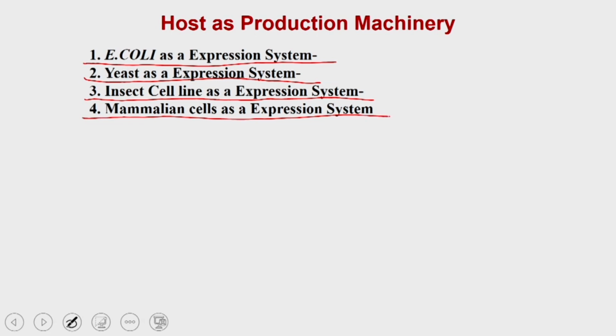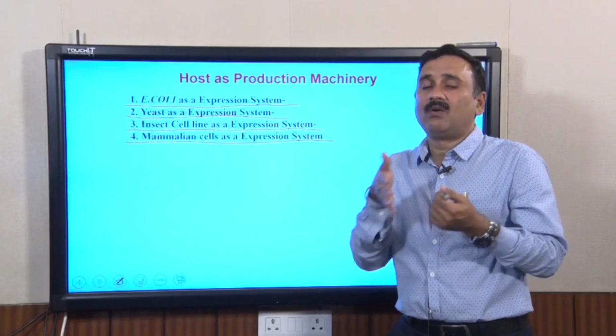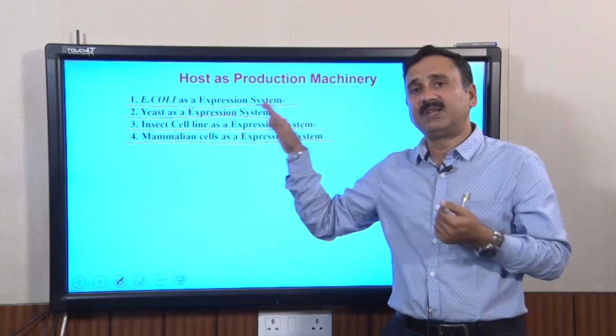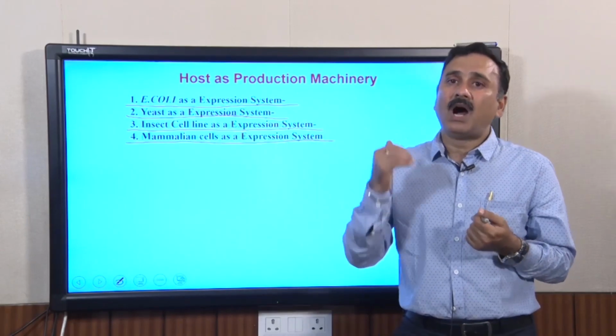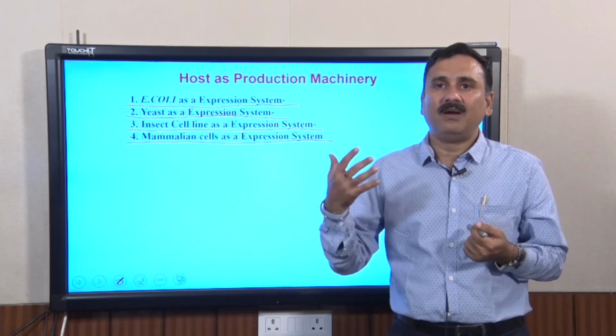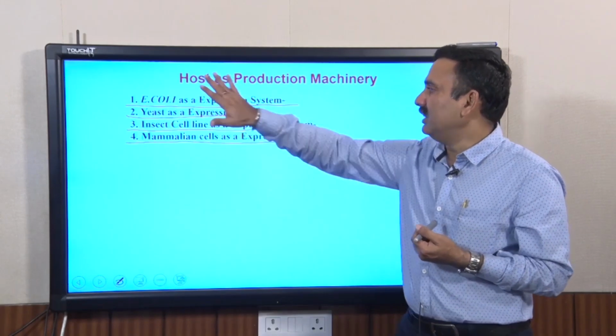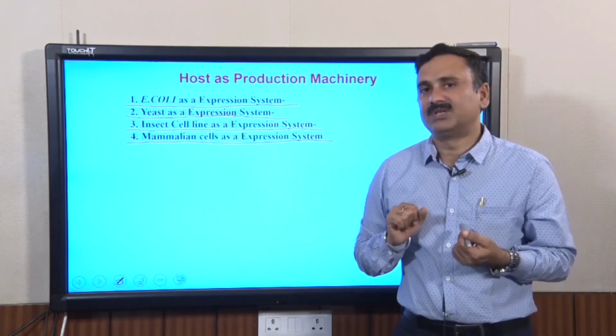We are going to discuss what the features of these expression systems are, what the different types of vectors available are, and how to produce a protein, which different protocols you can use to overexpress the protein in E. coli, yeast or mammalian expression system.